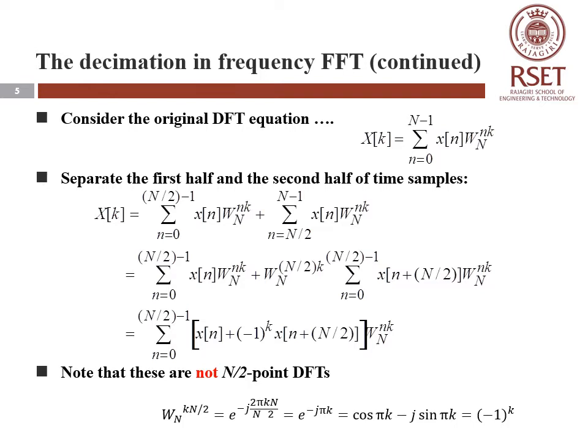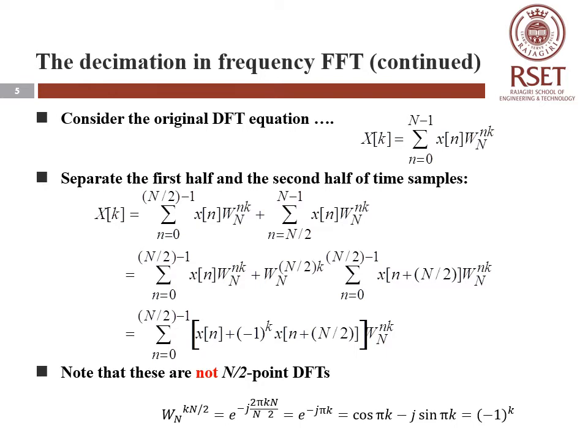Therefore, X of k is equal to sigma n equal to 0 to N by 2 minus 1 x of n W_N raised to kn plus sigma n from N by 2 to N minus 1 x of n W_N raised to nk.